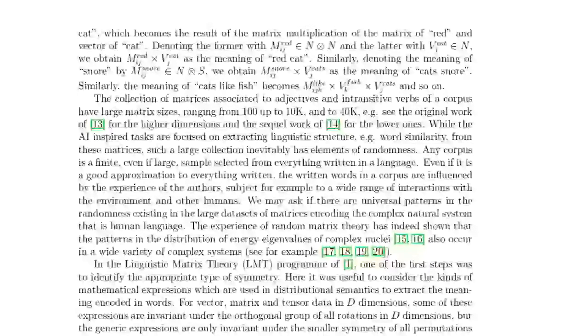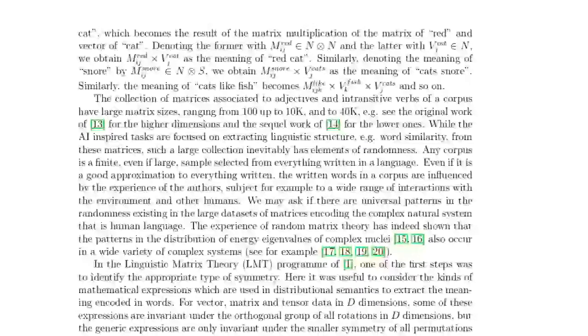Similarly, denoting the meaning of snore by a matrix for snore in the space of n tensor s, you obtain the matrix of snore times the vector of cats as the meaning of cats snore.